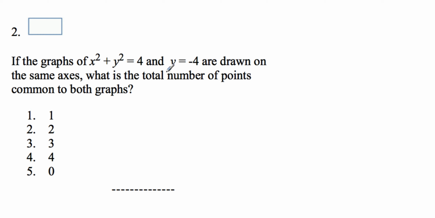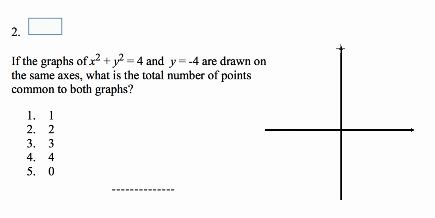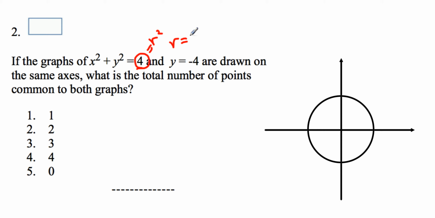If the graphs here are drawn on the same axis, what is the total number of points common to both graphs? Now, so here we have, if this is the x-axis and y-axis, and imagine if I were to sketch a circle. Then here we will realize that because radius squared is equal to 4, that means r, the radius, is equal to 2.